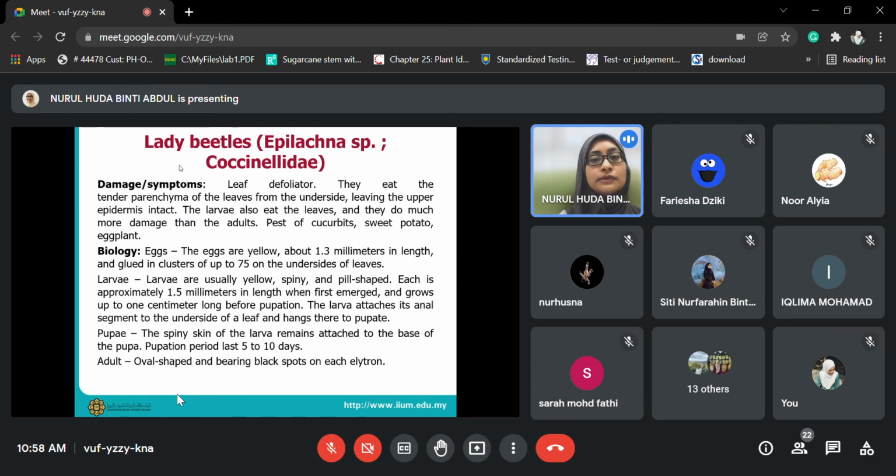The larvae also eat the leaf and usually cause more damage than the adults. The reason we say more damage than the adults is because if you disturb the adult's feeding activity, they may fly to another area.